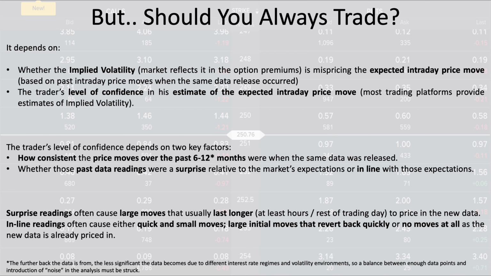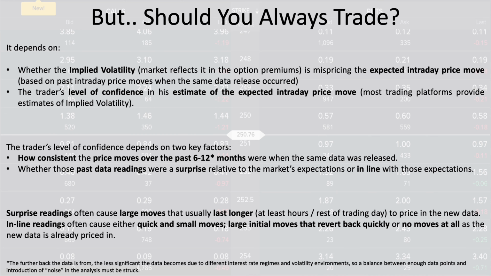Why do I say 6 to 12 months? The further back you go to get more pieces of data, the more likely the data is to belong to a different interest rate regime, a different type of market conditions, and so you are adding more noise instead of material information or material data points.